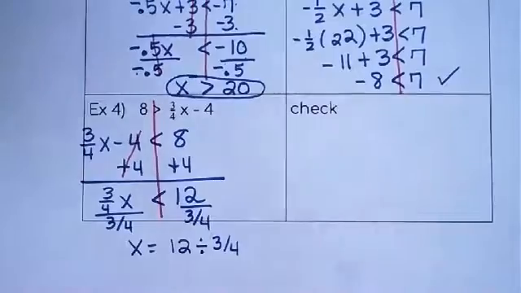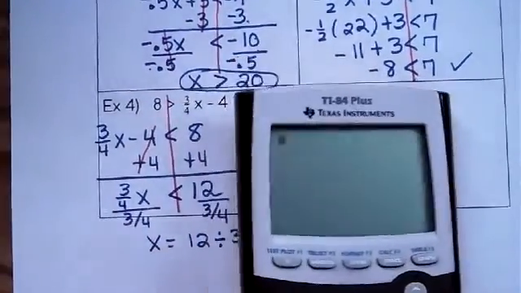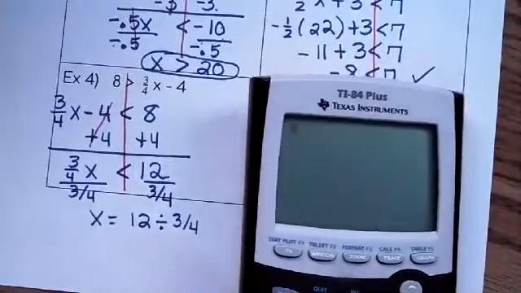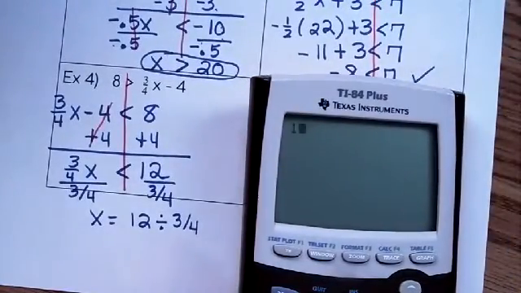Now, could I put that into my calculator? Absolutely, I can. I'm going to pull out my calculator right here. Okay, and I just want to put that in. Let's put in the 12 divided by 3/4. And what do I get? I got 1.